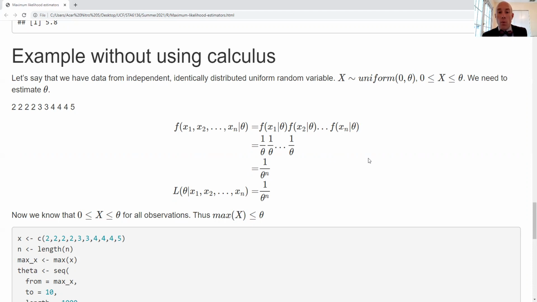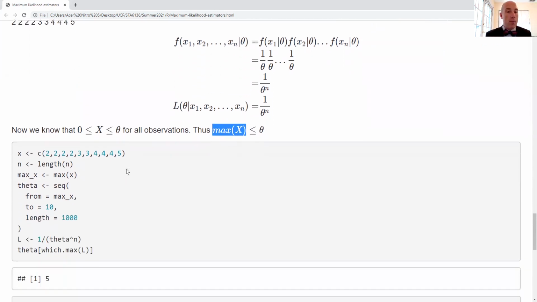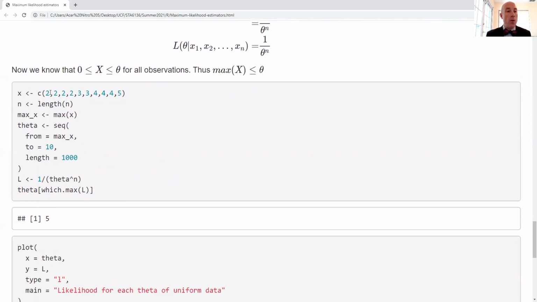I'm going to use this fact when I do my calculations like I did previously. I'm going to take the maximum value of x and set that to be the beginning of my potential theta values. So let's do that. Here's my data.